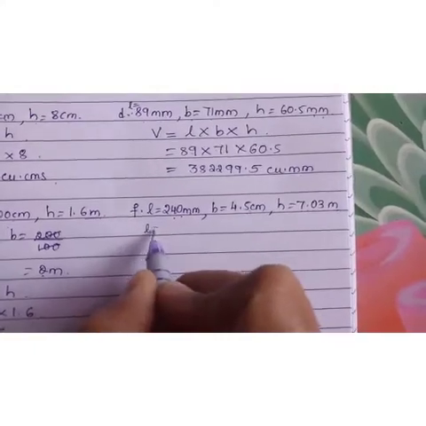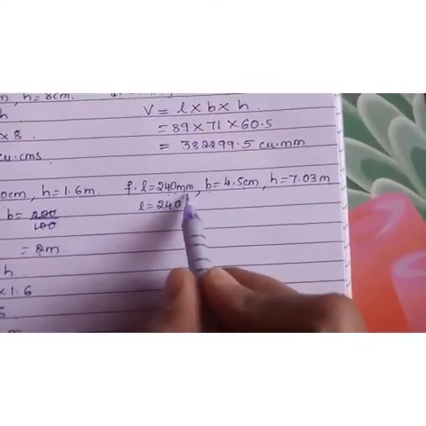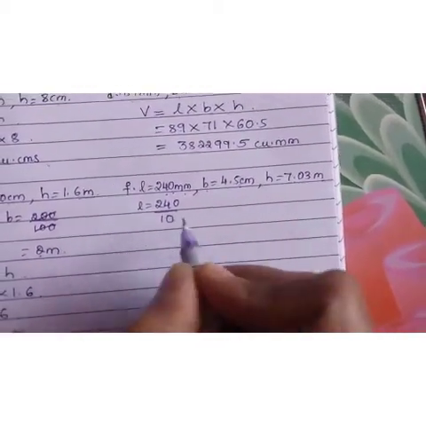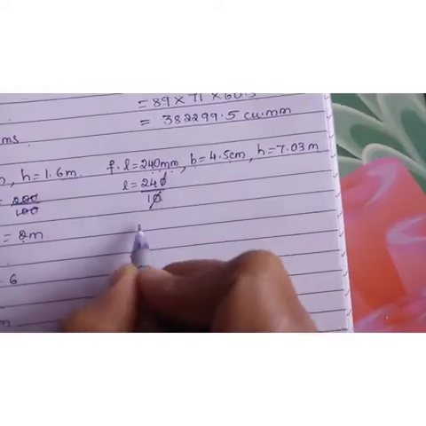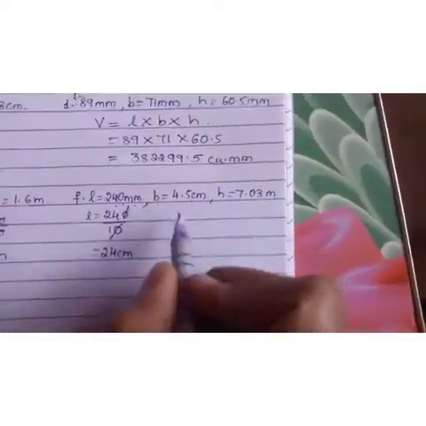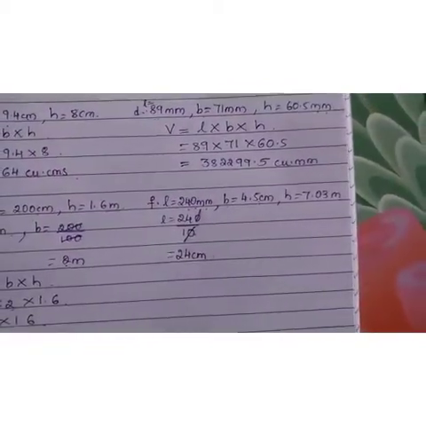So length, it is 240 millimeters. So to convert it into centimeters, we have to divide this 240 by 10. So when you divide, 10 gets cancelled, you get the answer 24 centimeters. Breadth, which is already in centimeters, no need to convert.